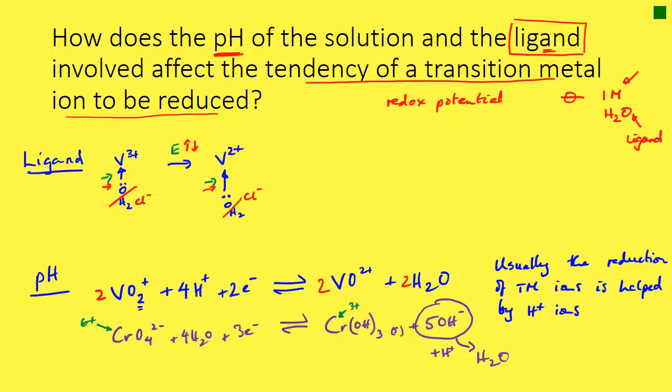And according to Le Chatelier, of course, that would prompt more of the forward reaction, i.e. more of the reduction reaction, going from chromium 6+ ions to chromium 3+ ions. So in the same way as we did before, we can say that the addition of hydrogen ions facilitates the reduction of transition metal ions. And that's the same as saying the redox potential will be more positive in more acidic solutions. So we can write that down as well.